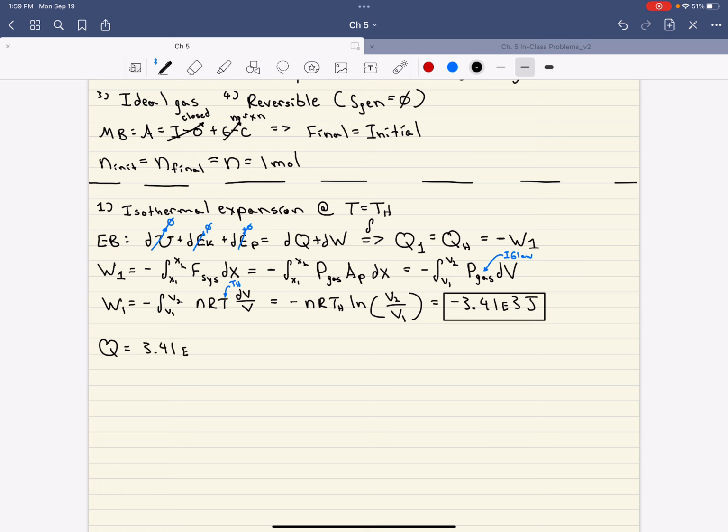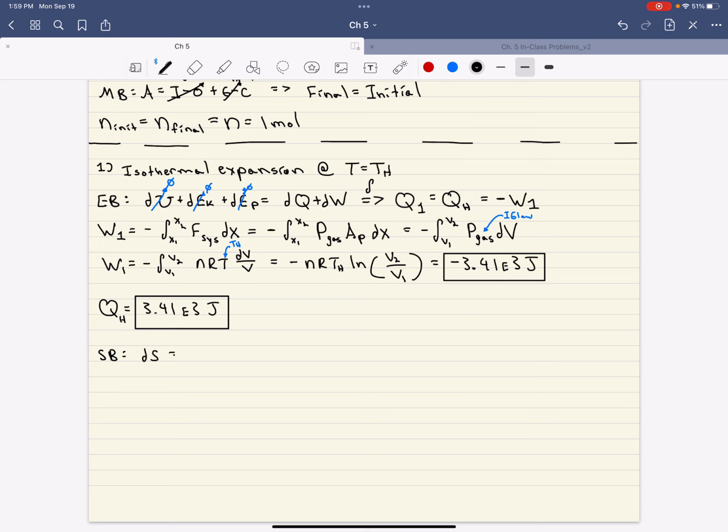Now the last thing, even though we don't need it explicitly for the problem, it's always good to check: we could take a look at our entropy balance. So dS is equal to dQ over T plus dS_gen.